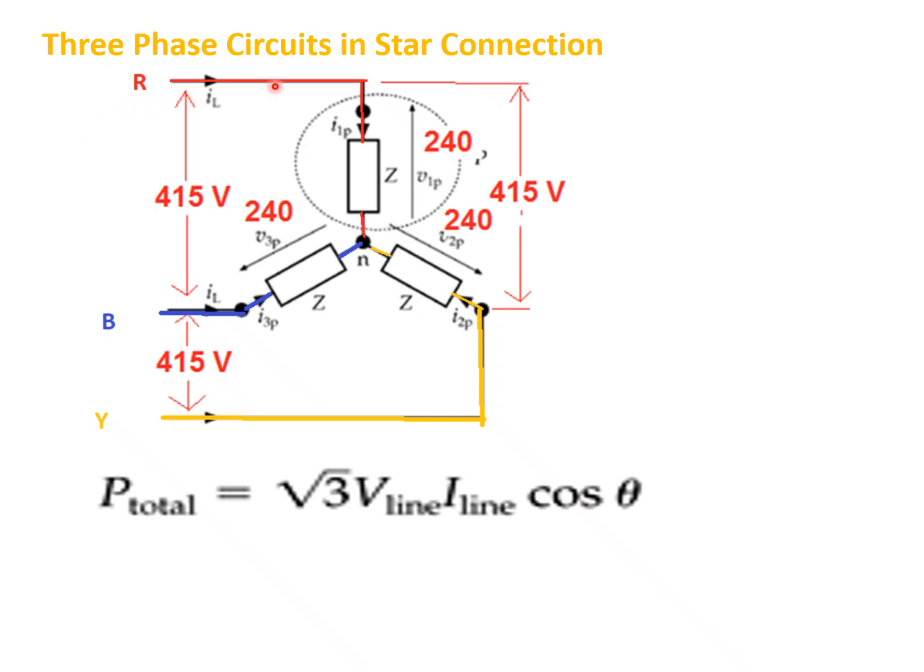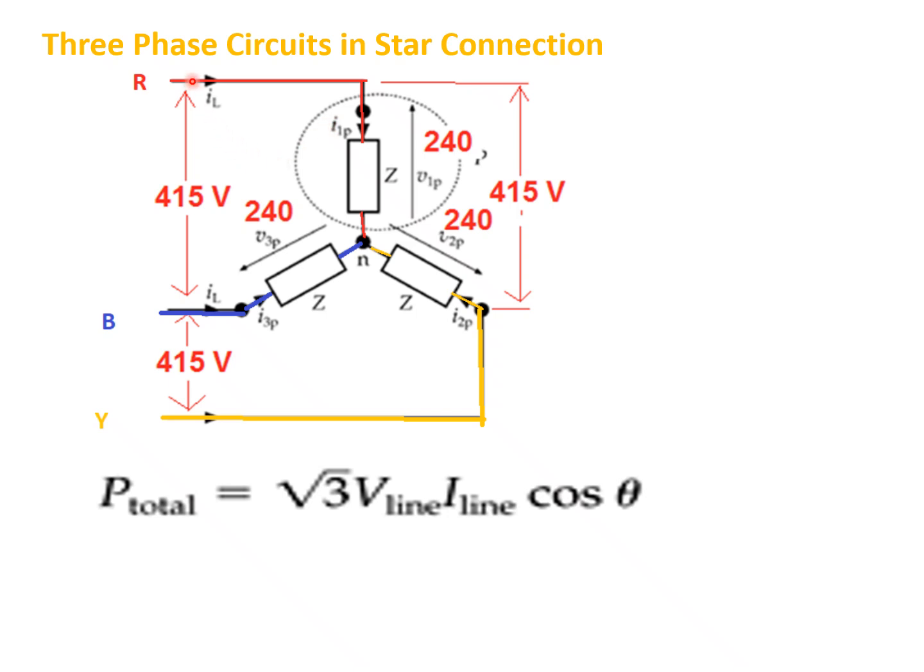Friends, this three-phase circuit in a star connection type system is shown here. You have three overhead lines coming like this: one red, yellow, and this is blue. And here I have shown three different loads, star connected.